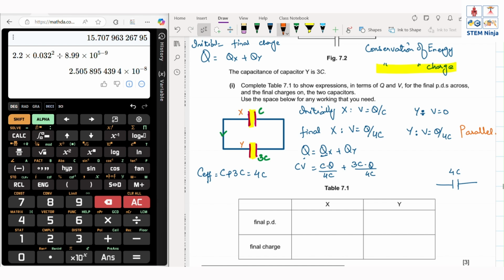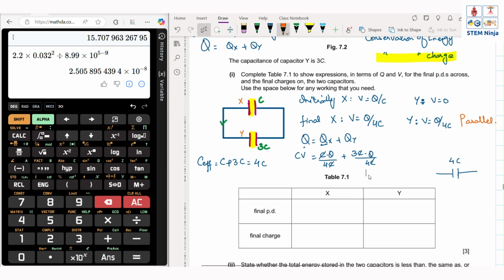Now cancel out the C and C. You can see the distribution between them. So X has Q over 4, and QY will be 3Q over 4. That's how it actually will become Q itself. So the final potential difference would be the same, Q over 4C, but the final charges will be Q over 4 and 3Q over 4.